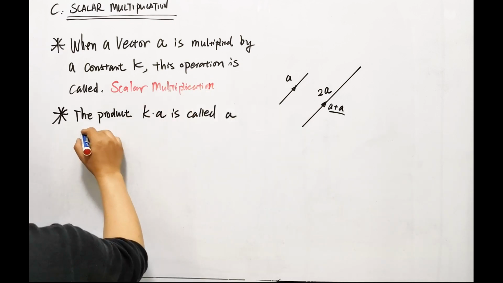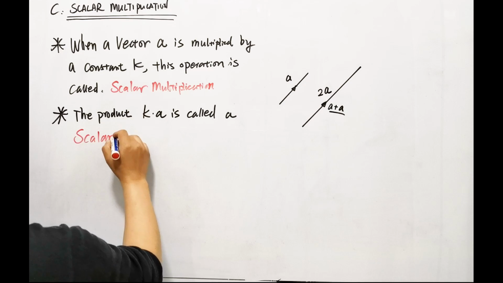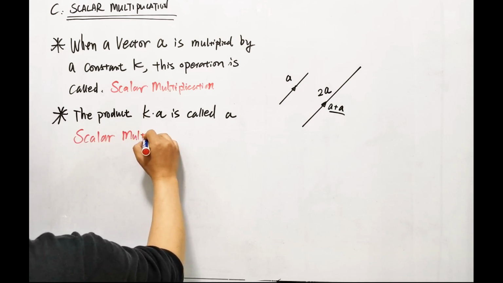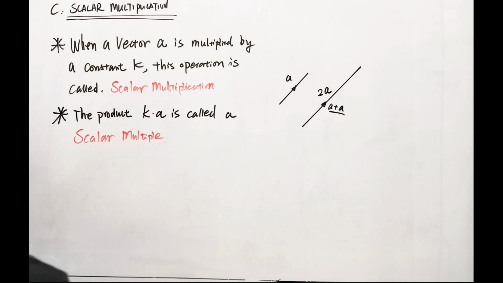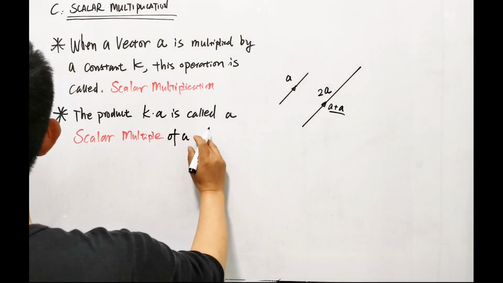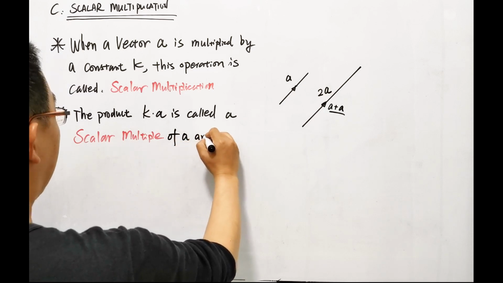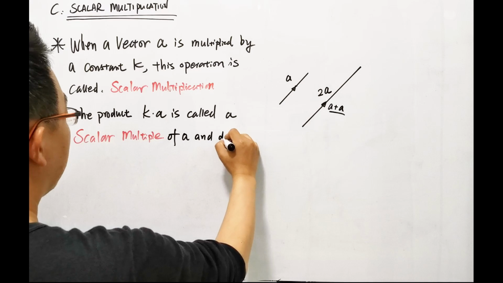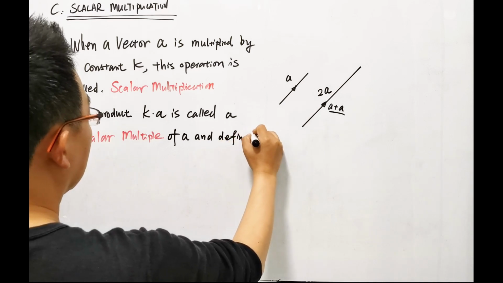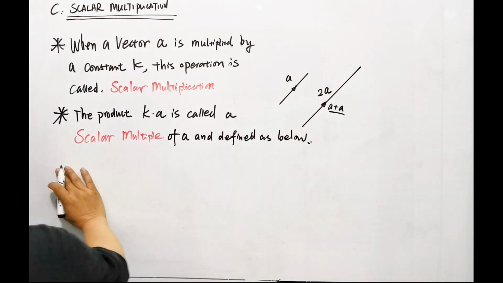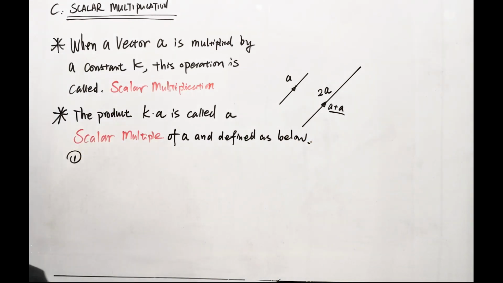The name is scalar multiple of A, and it is also defined as below. So what is below?